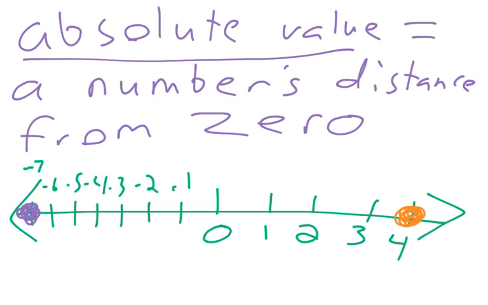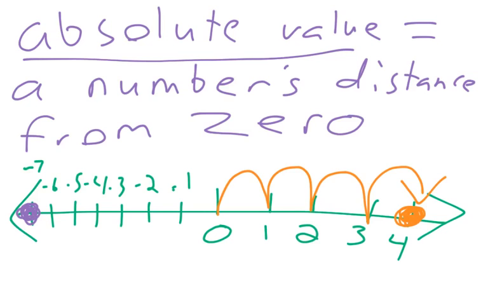So absolute value, the definition of it, is a number's distance from zero. It's just how far away from zero a number is. Like if I have this number line, let's say that I've got the number 4 right here. The absolute value of the number 4 is 1, 2, 3, 4 spaces away from 0, so its absolute value is 4.